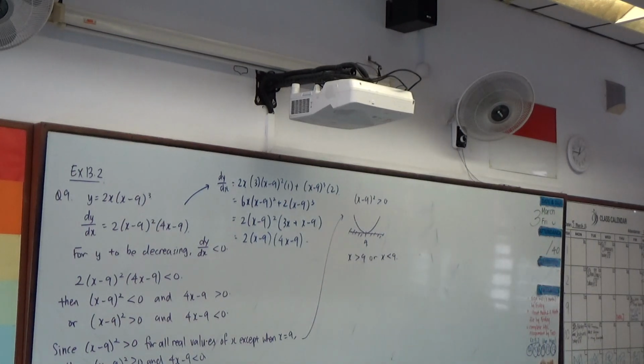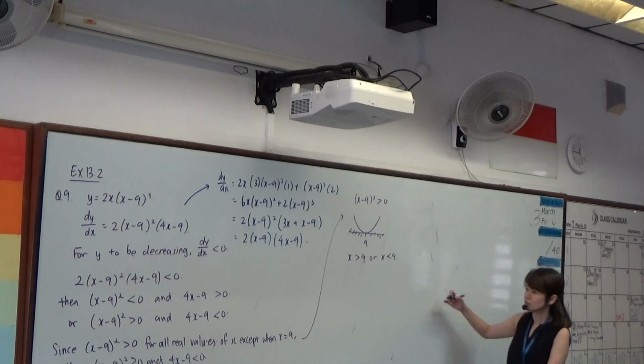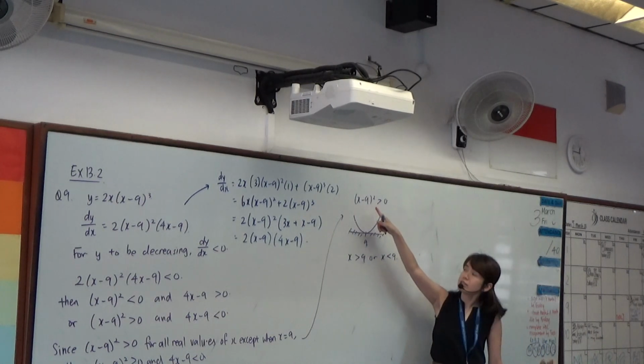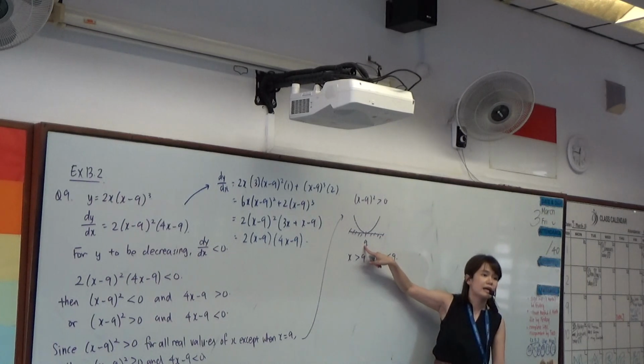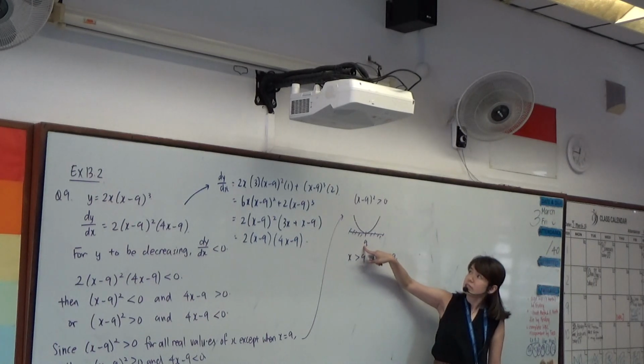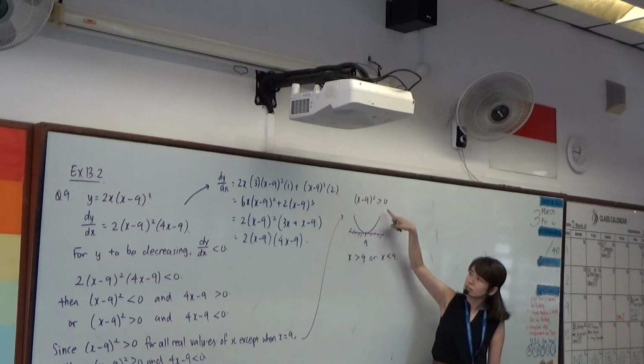Hang on. (x minus 9) squared more than 0. Yeah. And then this one here. Yeah, correct. Because in this case, the curve has only one intersection, which is at 9. Then we see that if it's more than 0, it's actually this side or this side.